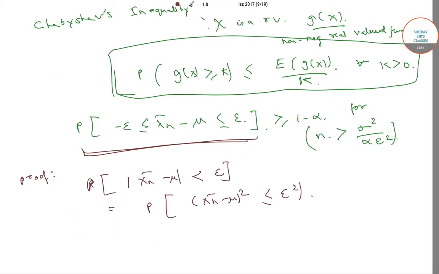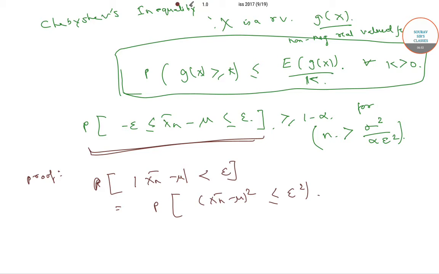Now from Chebyshev's inequality, this is greater than or equal to 1 minus the expectation of X n bar minus mu whole square divided by epsilon square.